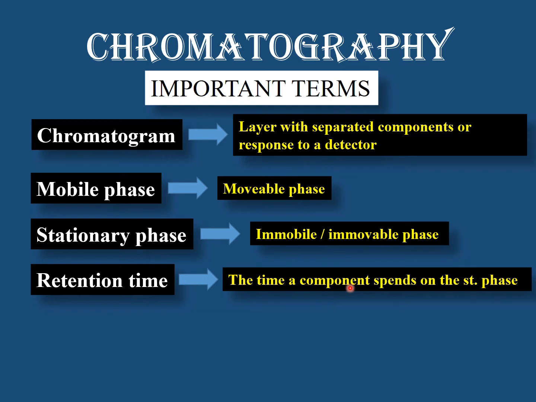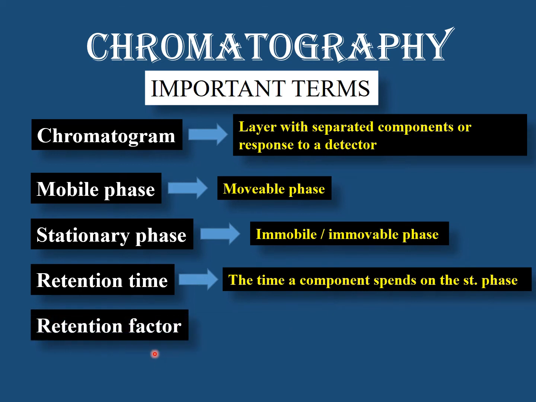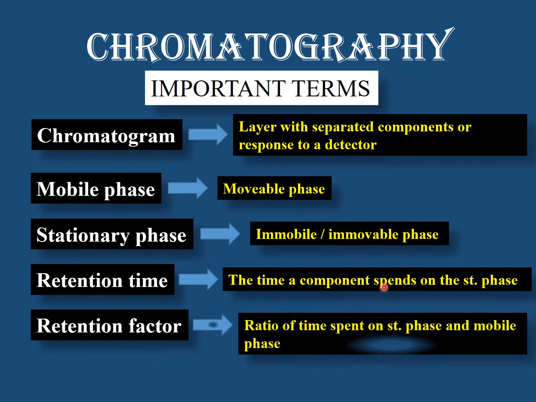We may also record it as a retention factor, which actually is the ratio of the time spent on the stationary phase and the mobile phase. So these are some of the important terms that you need to know before going into the details of chromatography.